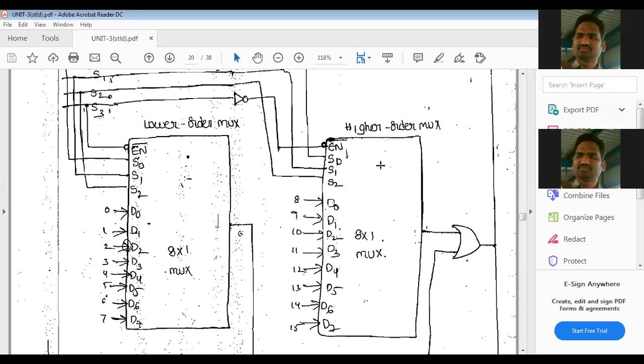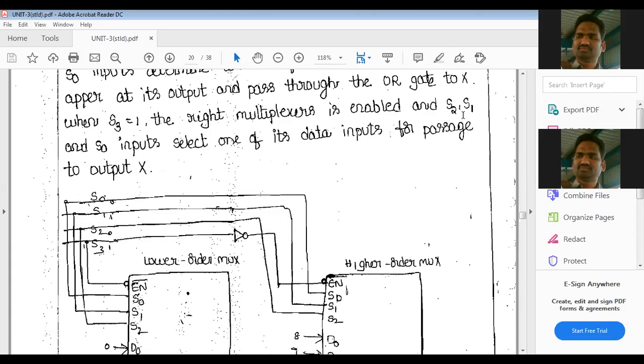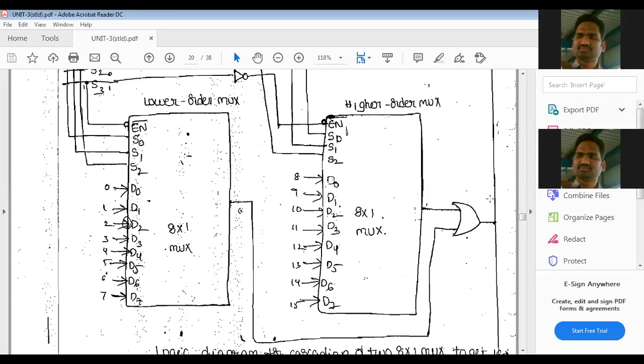Now the right hand side multiplexer is enabled, that is the higher order one. According to S0, S1, S2, S3, the enabled multiplexer's S2, S1, S0 inputs select one of its data inputs for passage to output X, or Z also. Now I am selecting S0, S1, S2 as 0, 0, 0. What do you have to select here? D8.